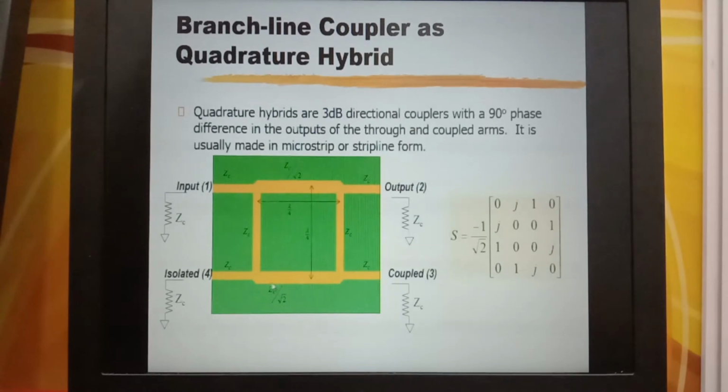And because of the opposite phase and the similar amplitude, the two signals will cancel each other ideally. Therefore, the output at port 4 will be 0.